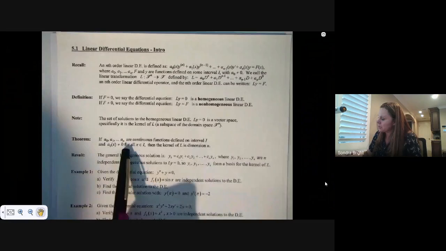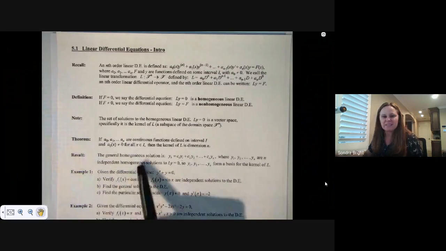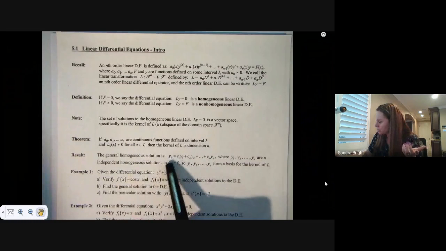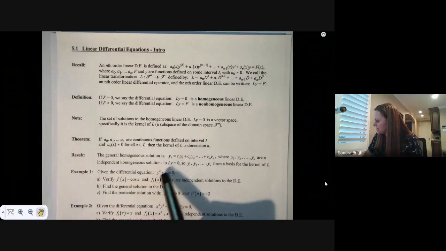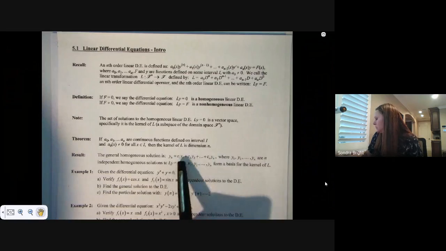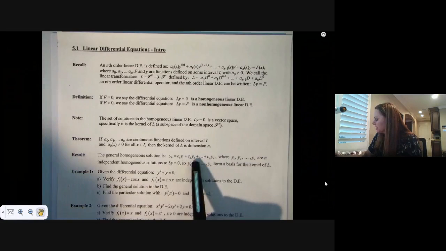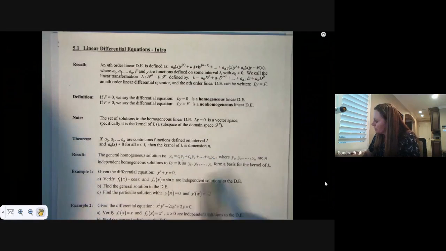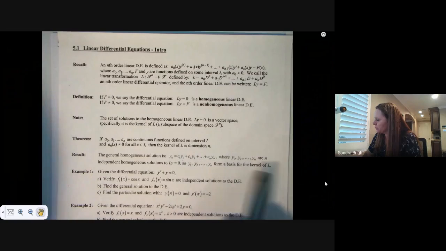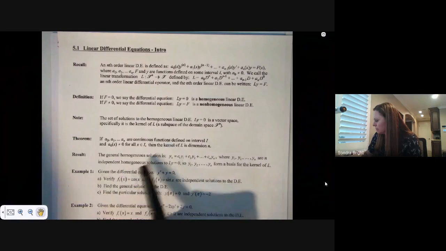The general homogeneous solution, y sub h, to represent the homogeneous solution, is a linear combination, C1 times y1, C2 times y2, and so on, where y1, y2, through yn are n independent homogeneous solutions to Ly equals 0.